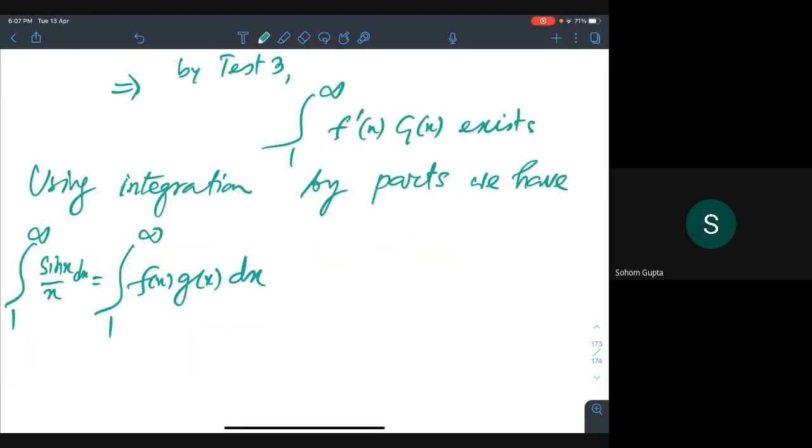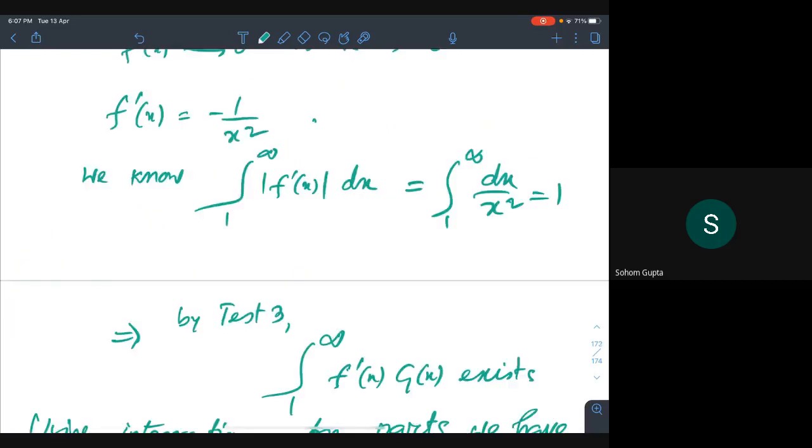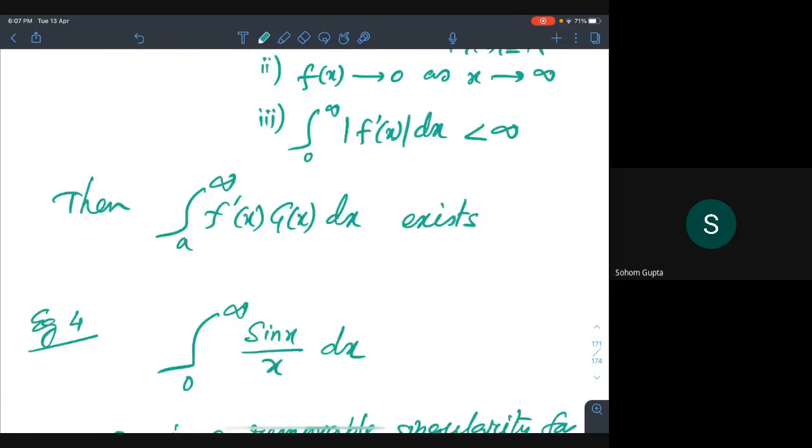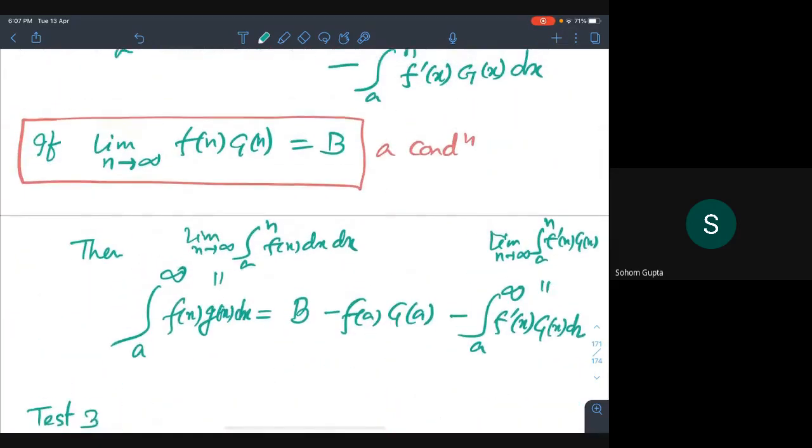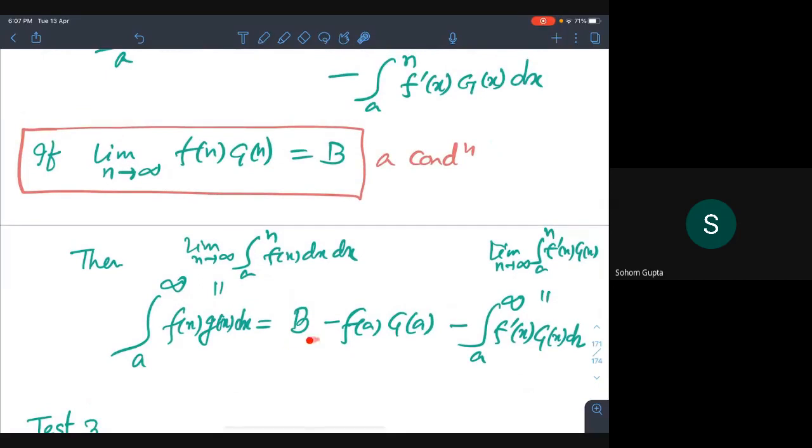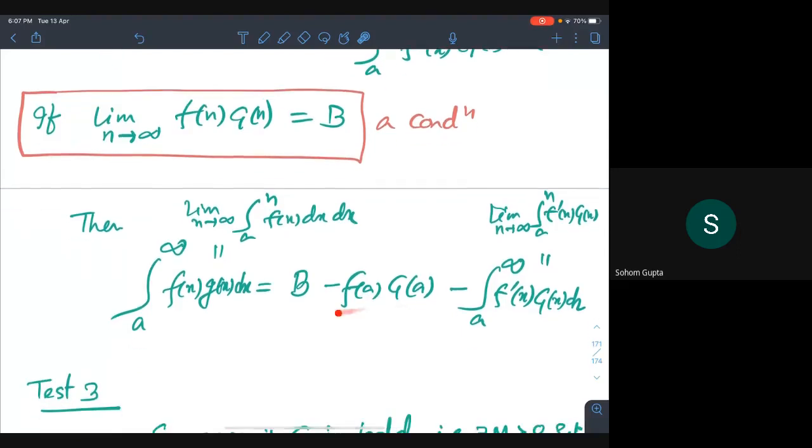So this part vanishes, right? What is this part?